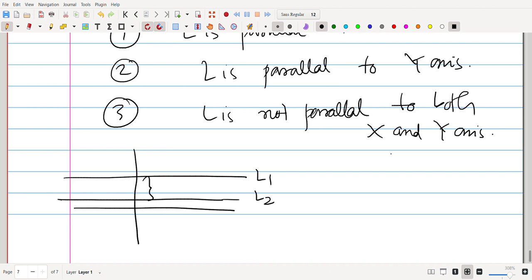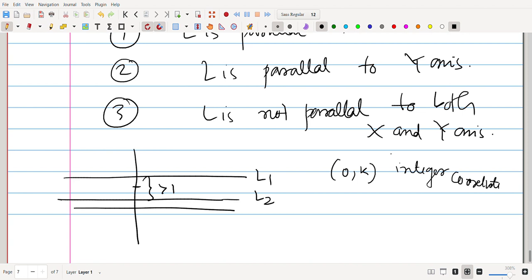That means this is strictly greater than 1, so you can always find an integer coordinate there, say 0 comma k. Why?